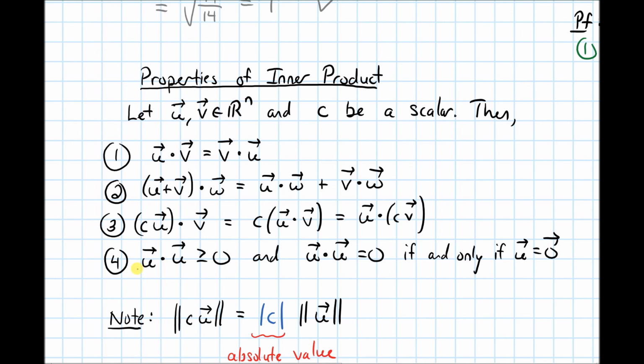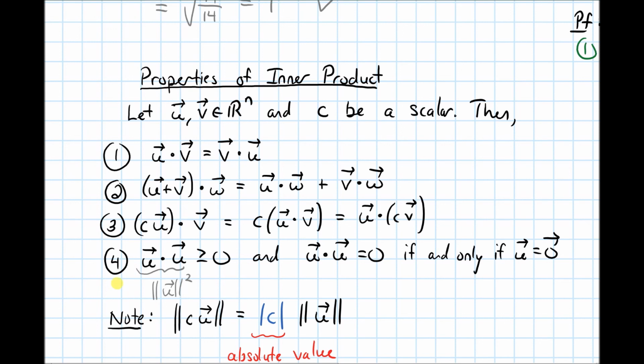For this fourth property, just really quick to see why this is the case: remember that u inner product with u is the length of u squared, and anything squared should be greater than or equal to 0.